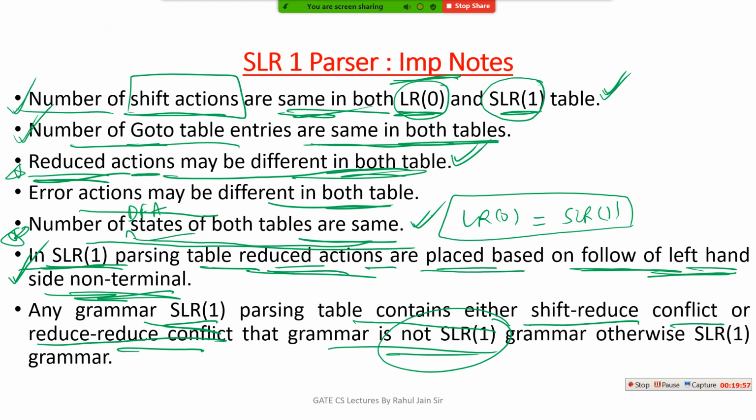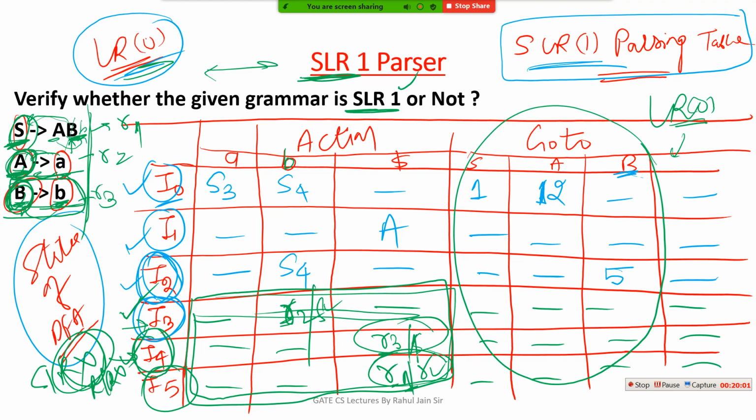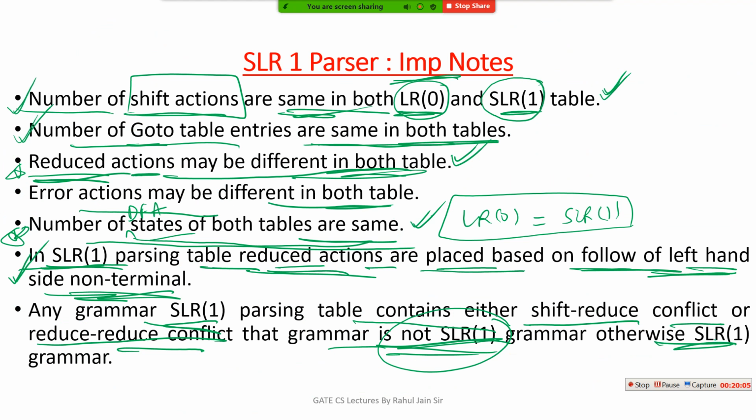In that case, you will say that our grammar is not an SLR1 grammar. If you do not have any kind of conflicts in that table, you will say that our grammar is an SLR1 grammar. So guys, these are some of the important notes of the SLR1 parsing table. I hope it is clear to you. You can take a screenshot and note that according to your suitability.